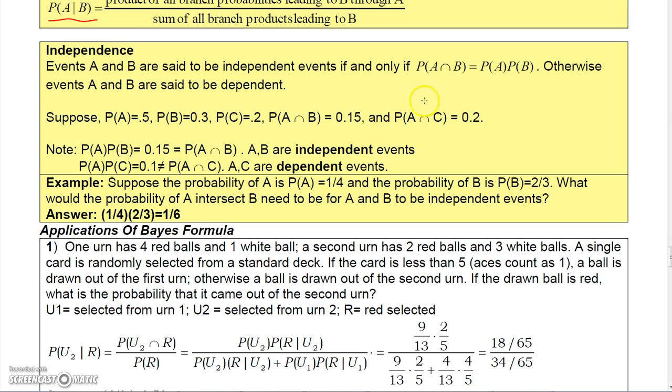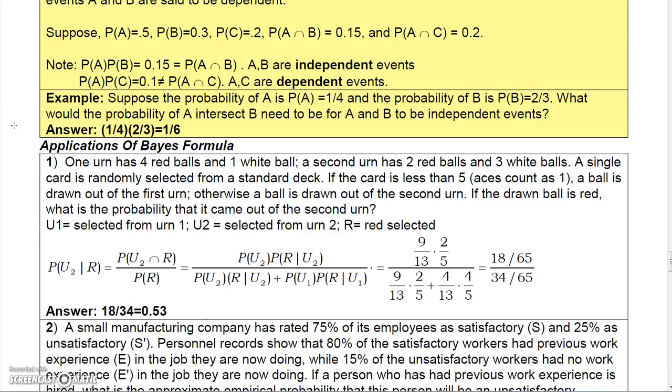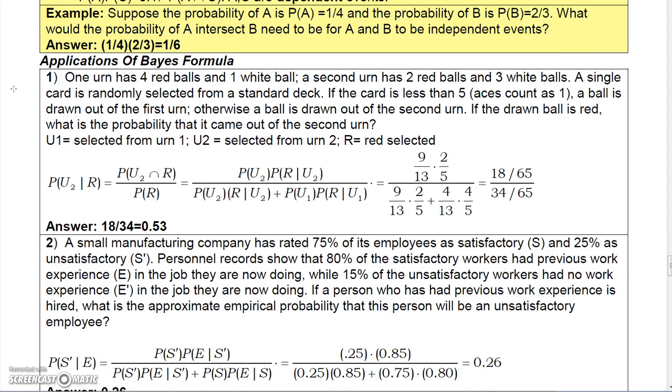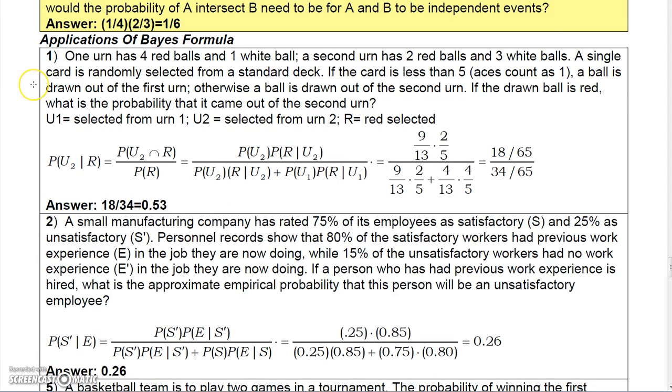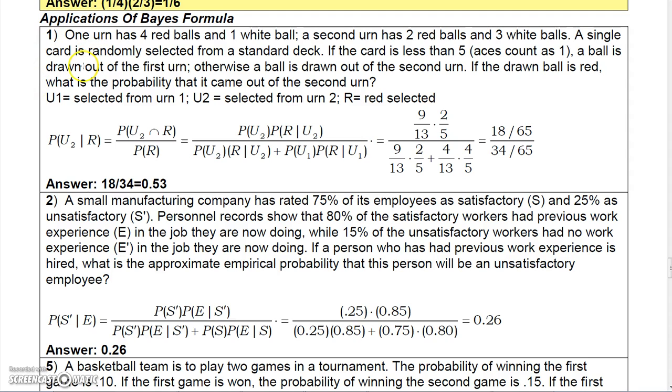But for 2 events to be independent, the probability of their intersection must equal the product of their probabilities. So that's basically independent events. So you can freeze the video and read that if you want to. Let me go ahead and show you some examples here.